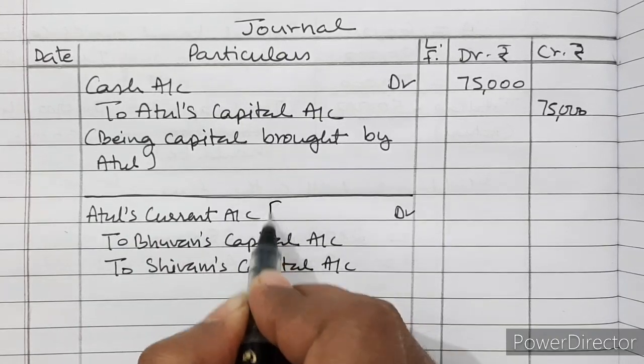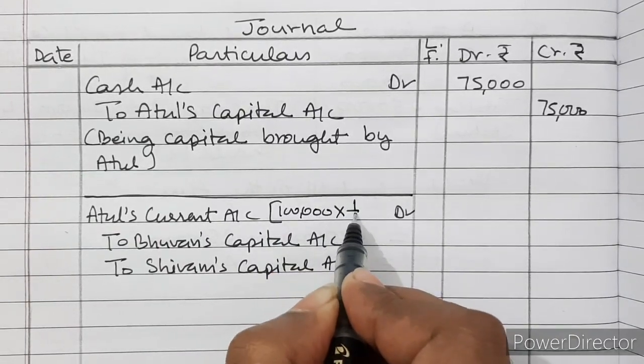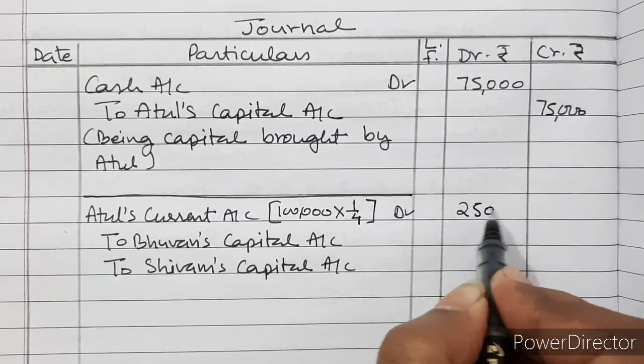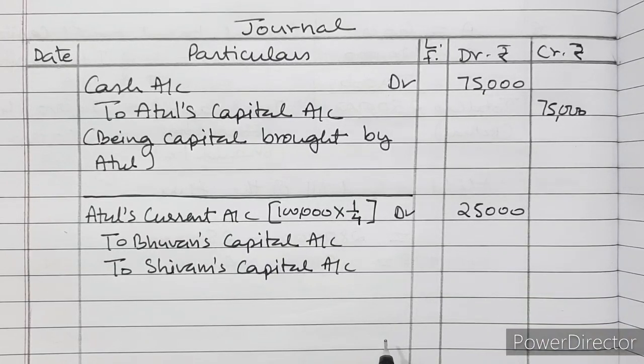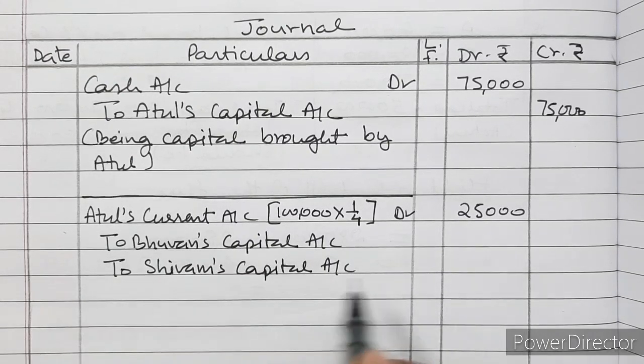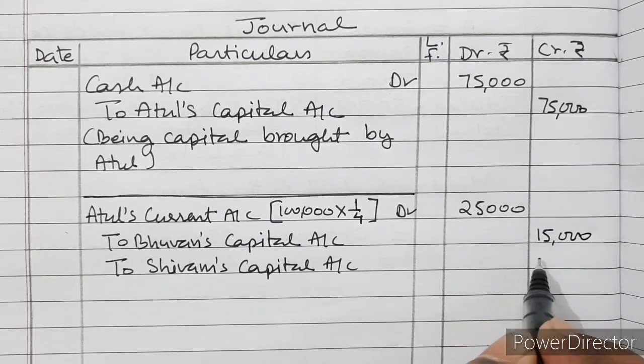Now, total goodwill of the firm is rupees 1 lakh, but Atul's portion is 1/4. So Atul was supposed to bring rupees 25,000, and old ratio is given in the question 3:2. That will be our sacrificing ratio. So we will break it. So it will be 15,000 and 10,000.